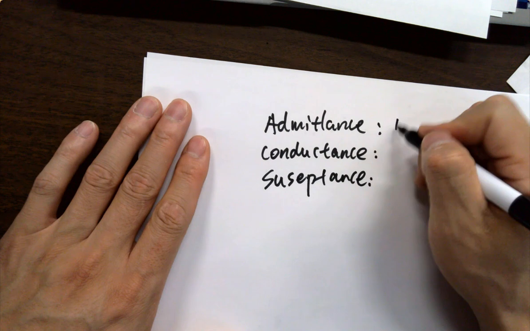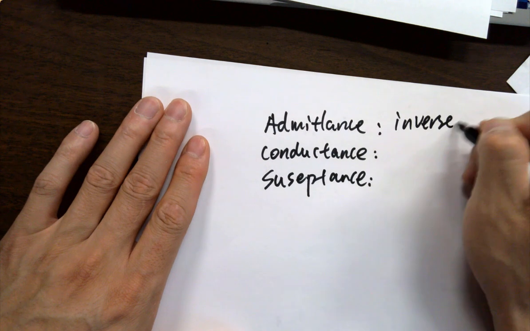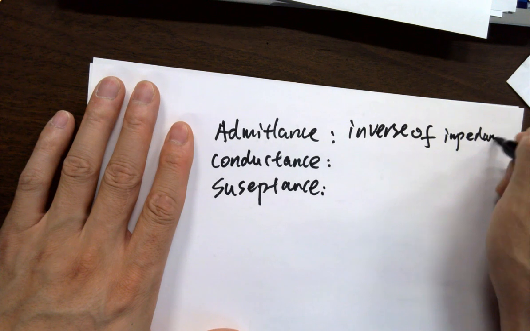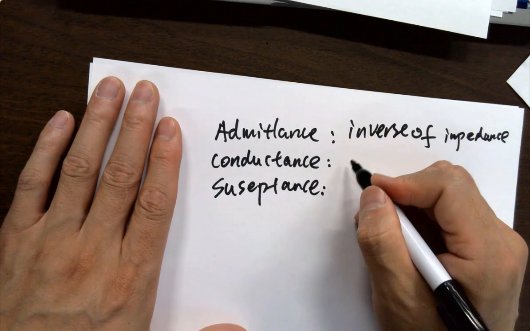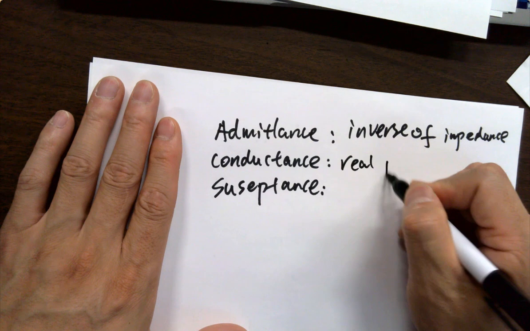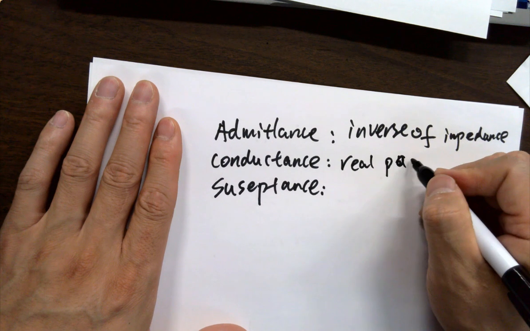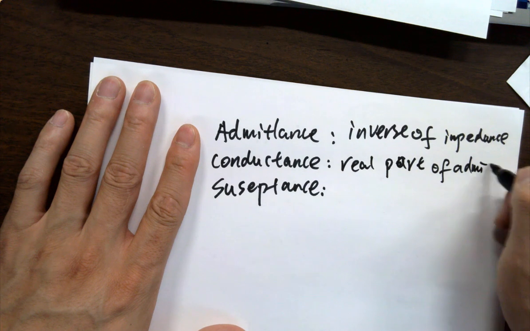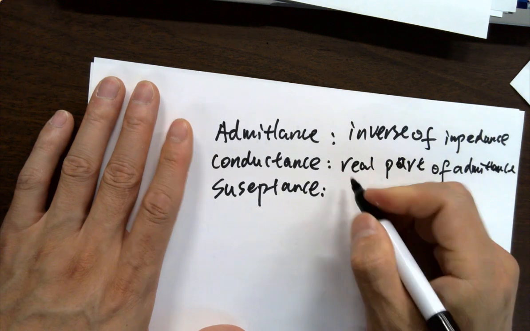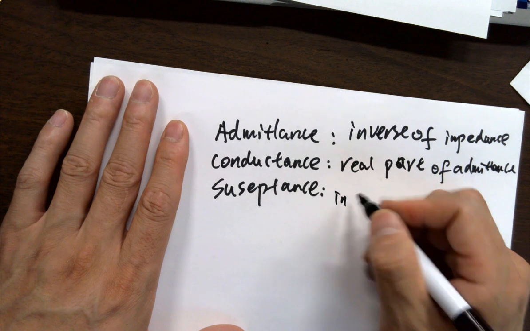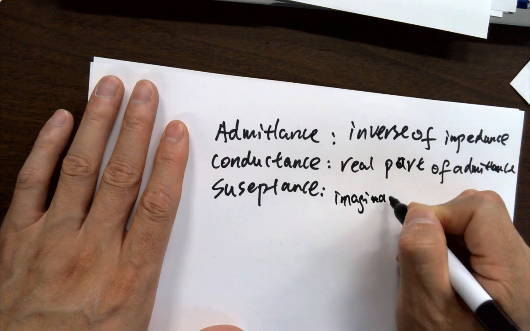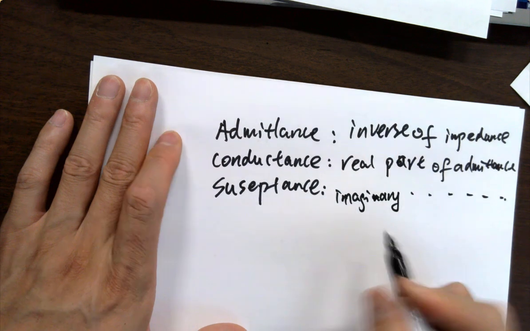Admittance is the inverse of impedance. This is the real part of the admittance, without J. This is the imaginary part of the admittance.